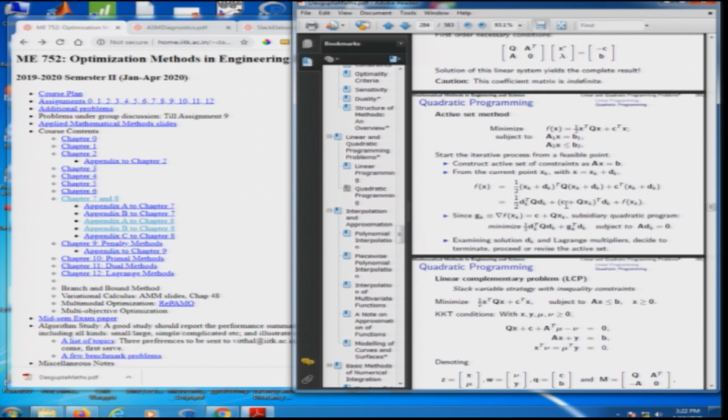And the first element of this other product is C transpose dk. And the fourth element, which is the only one left now, is half dk transpose Q dk. Now, you have got f at the new point where you are planning to go, as this. As you see, this is a quadratic function in dk, and you try to solve this for the time being, because xk you already know.